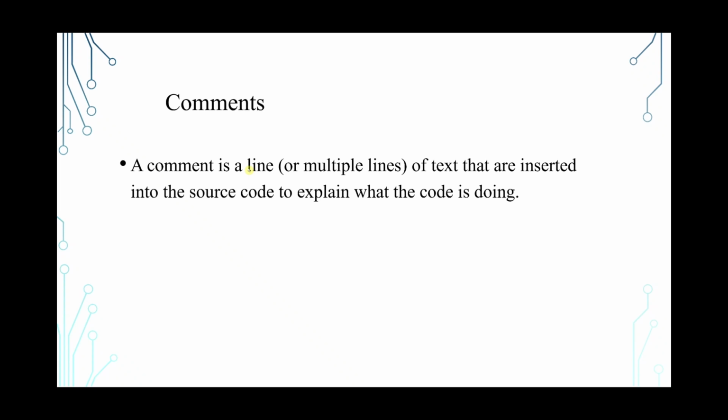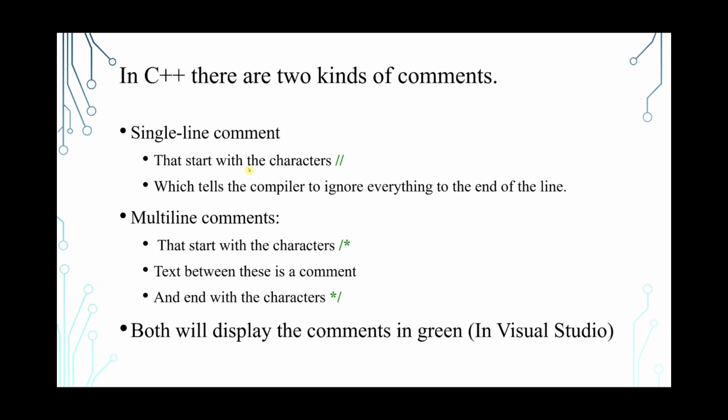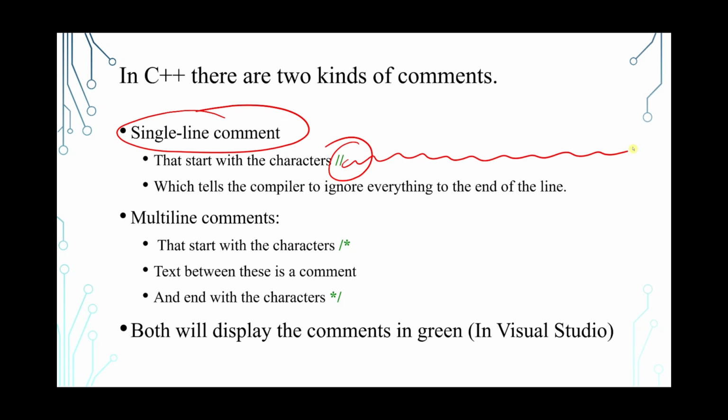So a comment is a line or multiple lines of text that are inserted into the source code to explain what the code is doing. In C++, we have two kinds of comments. The single line comment, which is started with 2 forward slashes. This is telling the compiler to ignore anything I write after those 2 forward slashes.